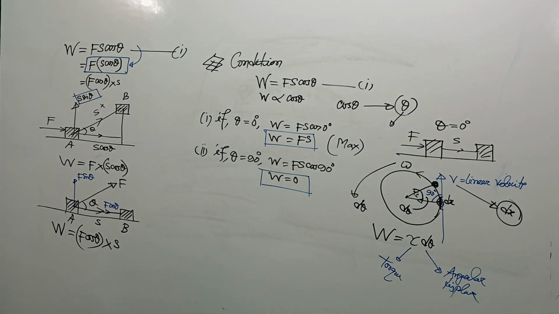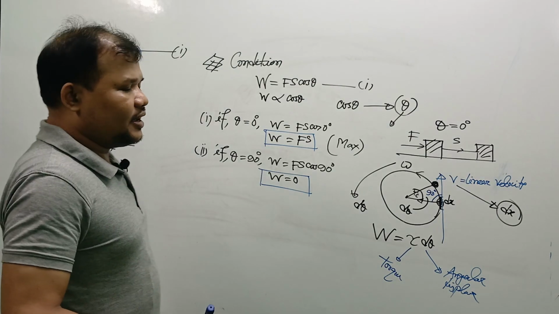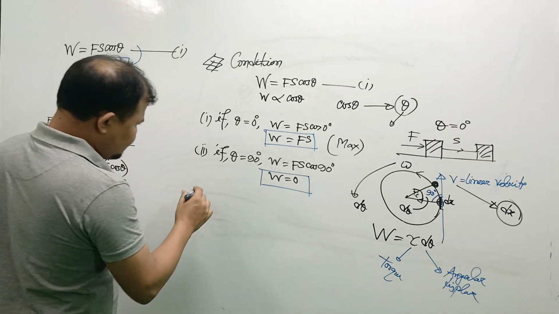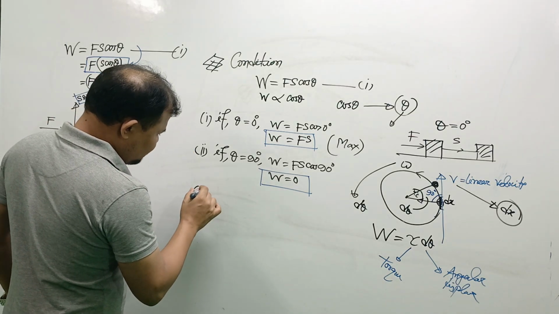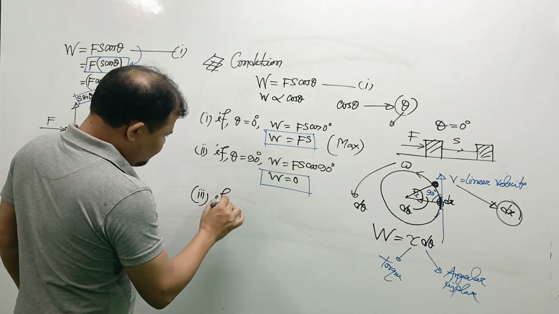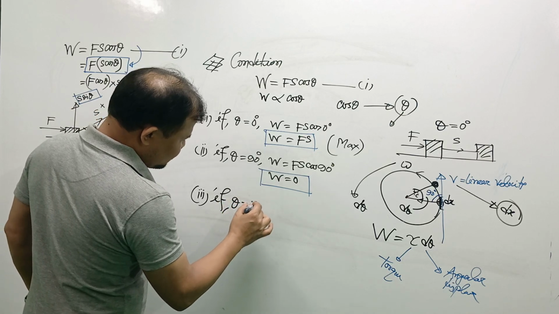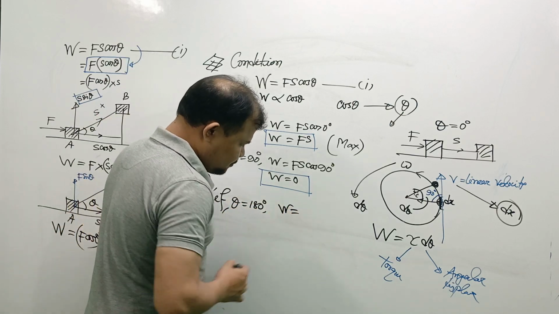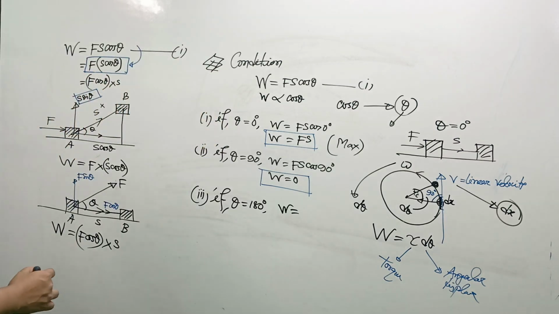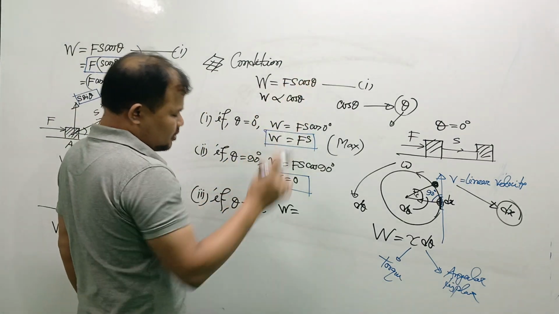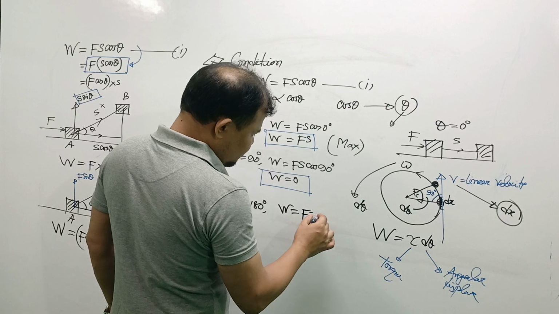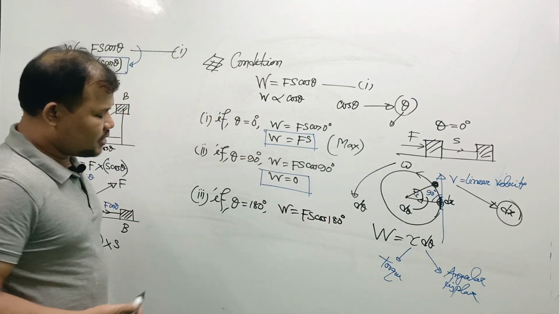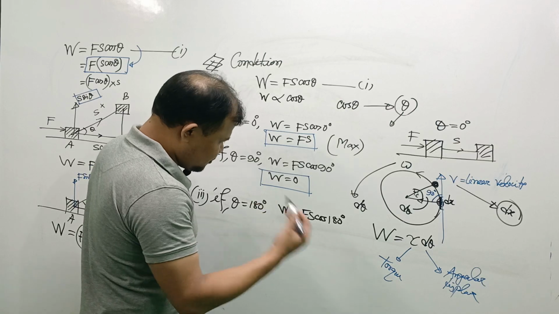Okay, my dear student, I think all of you clearly understand. Now our third condition is very important for us. If the value of theta is 180 degrees, then what will be the work done in this situation? My dear student, according to our equation 1, F s cos 180, we know the value of cos 180 is minus 1.